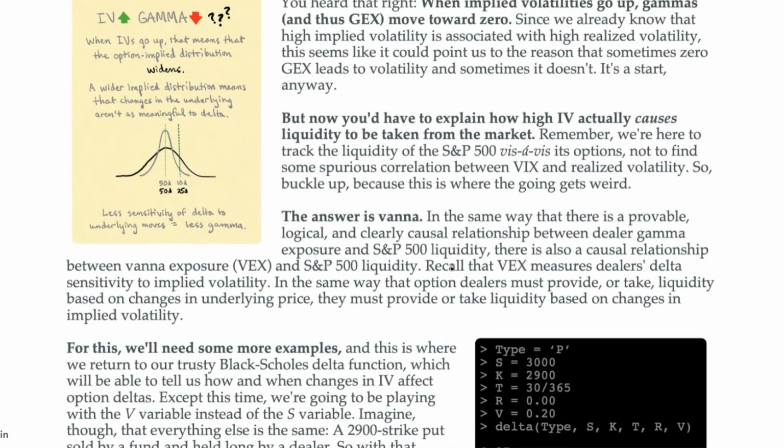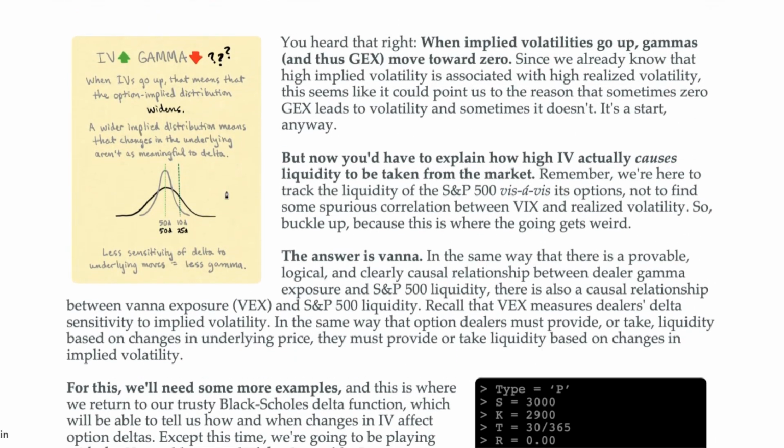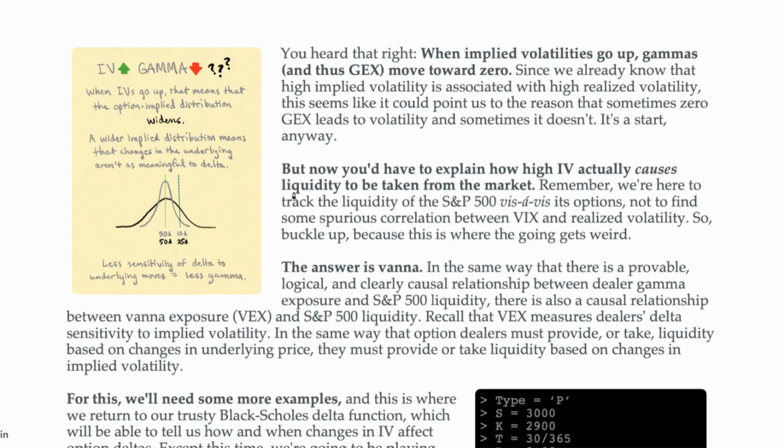Here, let's find this. This is a central concept, which I think a lot of people are missing, and a lot of people in the bear trap are also missing. This is what we were talking about yesterday too. It's just this statement: when implied volatilities go up, gammas and this GEX move towards zero.